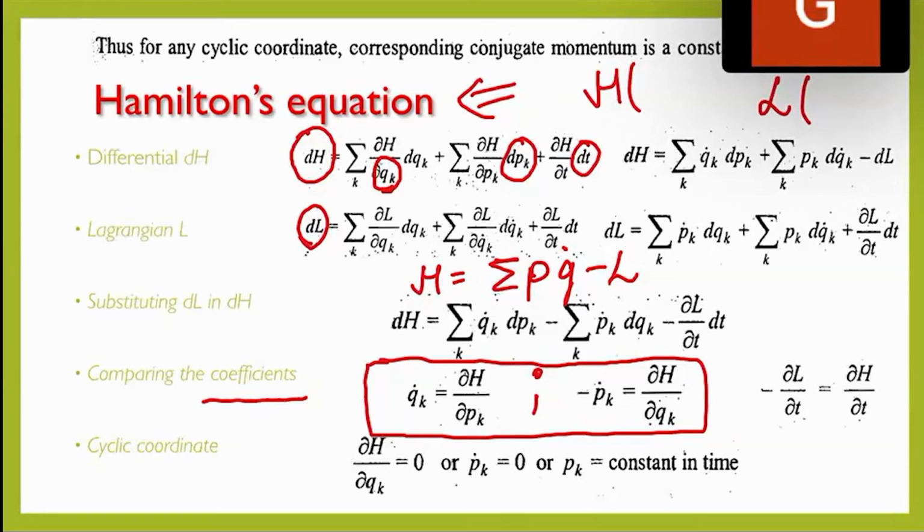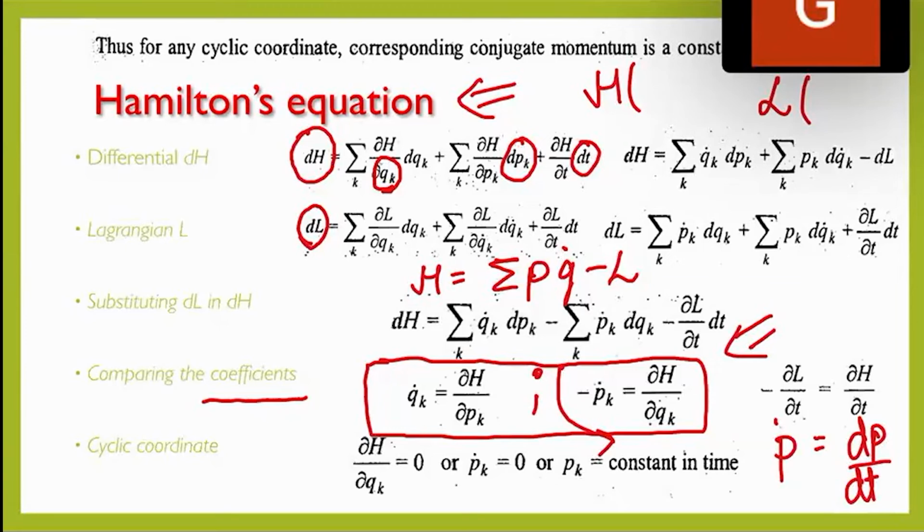Now, another thing I would like to point out is that p is momentum, and your p dot is dp by dt. So these apply very well to dynamic systems also.